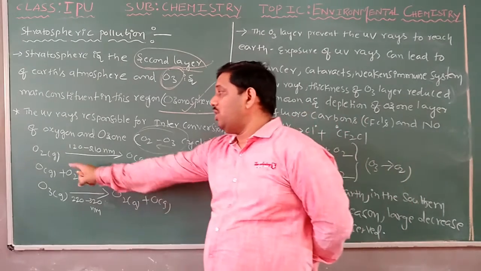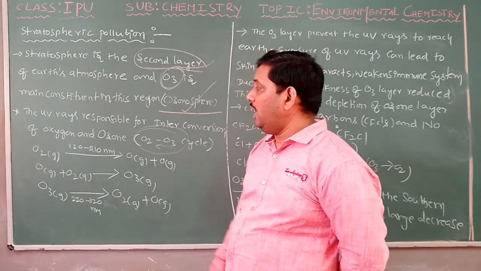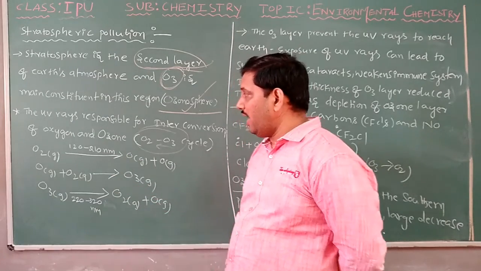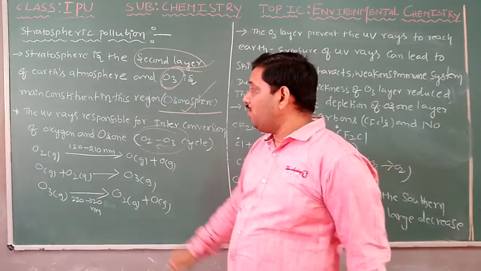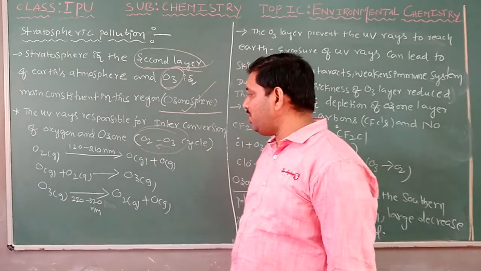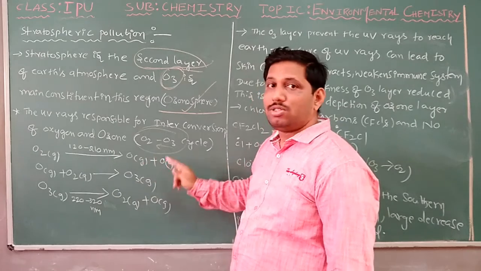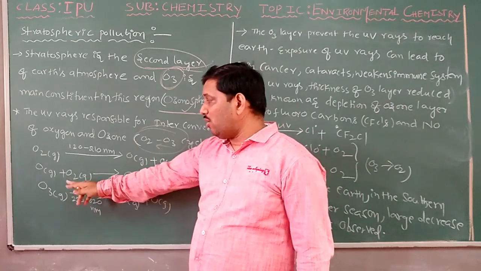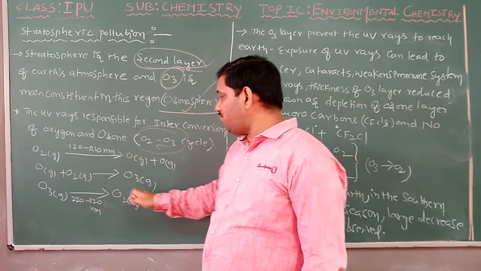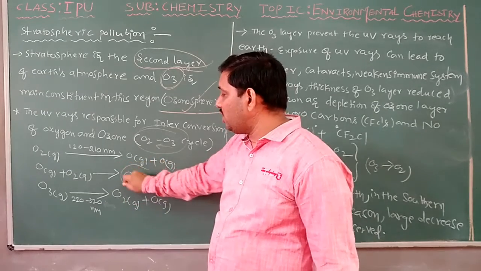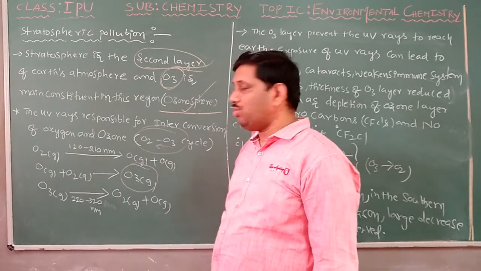Here, students, first one. The oxygen gas, at a wavelength of ultraviolet light of 120 to 210 nanometers, can decompose to oxygen atomic gas plus oxygen atomic gas. The oxygen atomic gas reacts with O2 gas to form O3, that is ozone gas.